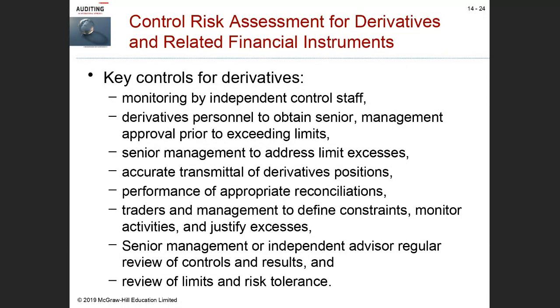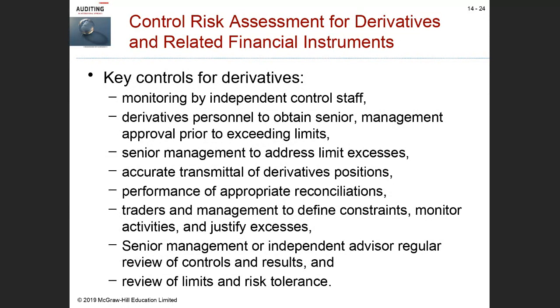So what types of controls do we want to have in place over derivatives? The first one, monitoring by independent control staff. Someone should be overseeing the accounting for derivatives, someone who is separate from actually entering into the derivative contract. So that's a segregation of duties issue that we've seen previously.